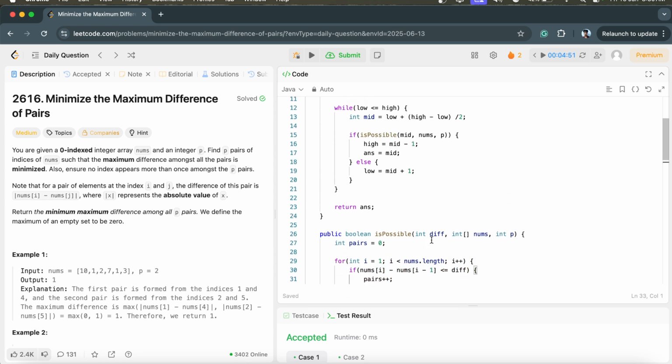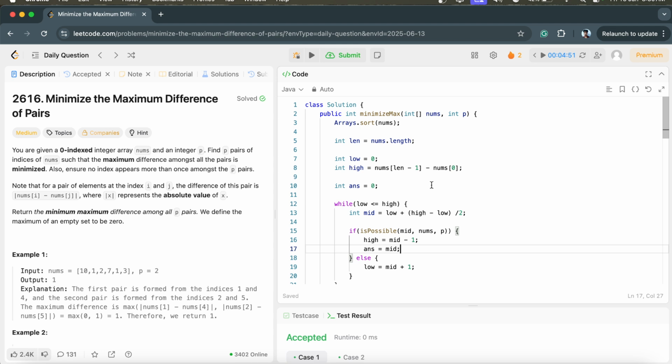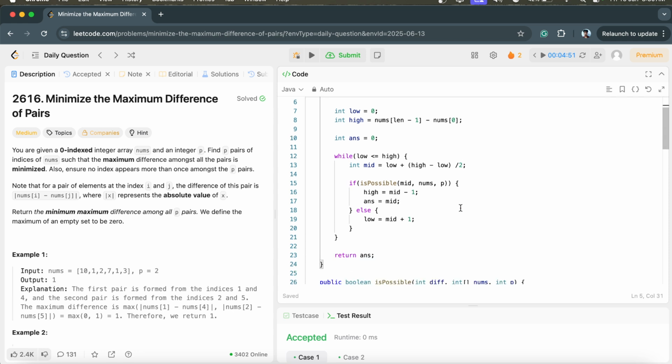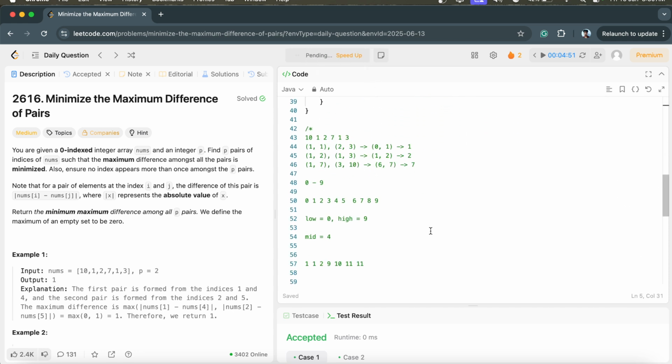So it is n log m. And we are also sorting the data, which is n log n. So n log n plus n log m is the time complexity we get. Let us submit this code as well, and let me take you through another example.